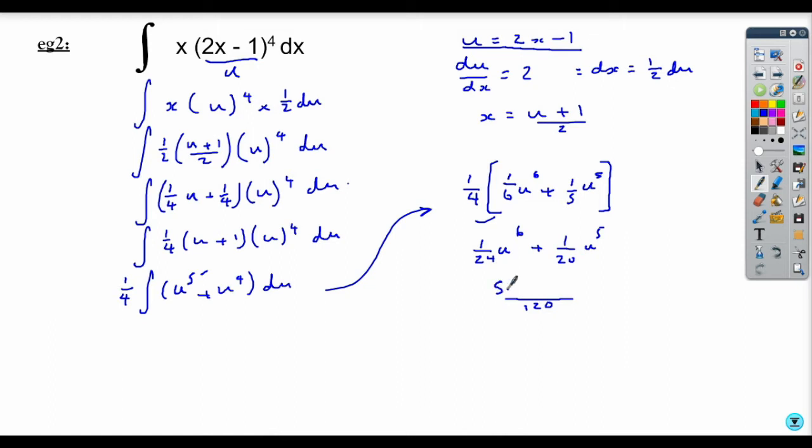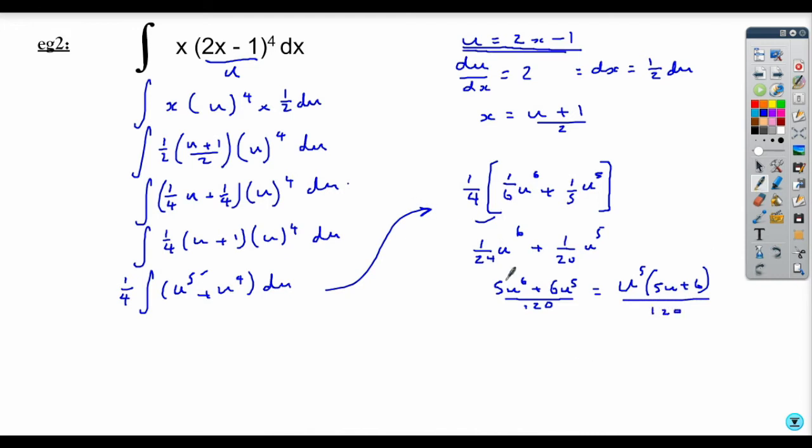So I've got 5 u to the 6. And multiply this one by 6, I get 6 u to the 5. I can factor that out. So I can take u to the 5 out, and then inside of this, open up the brackets, I've got 5u plus 6 over 120.